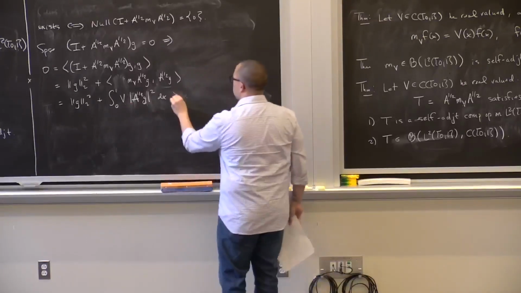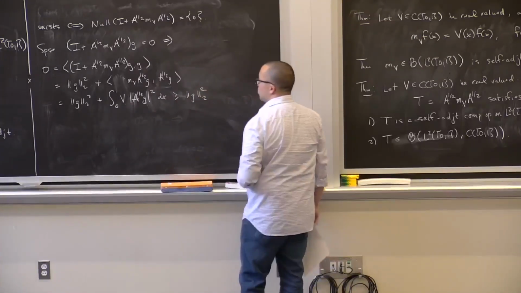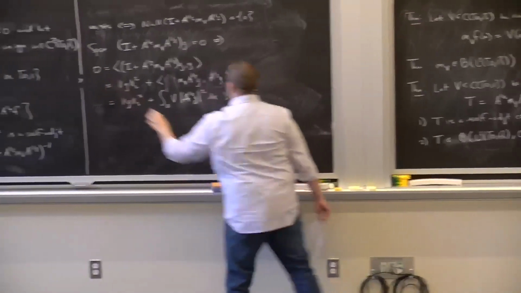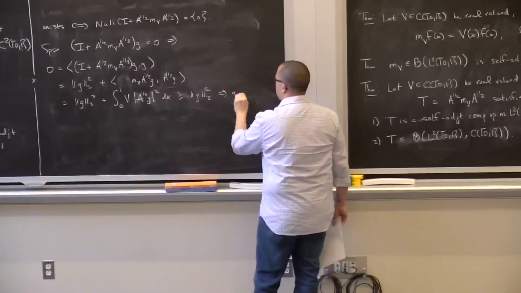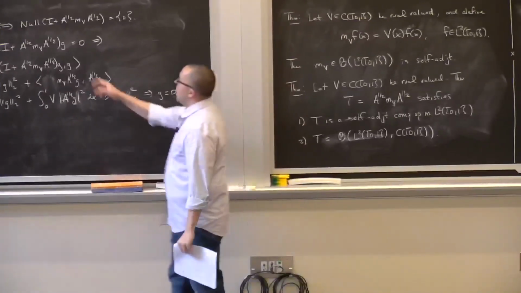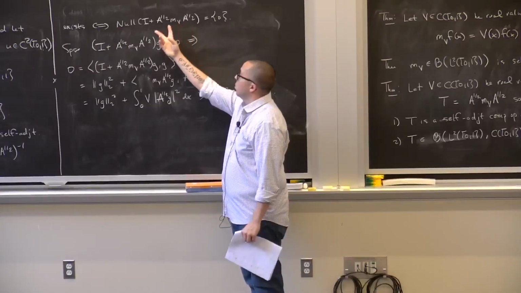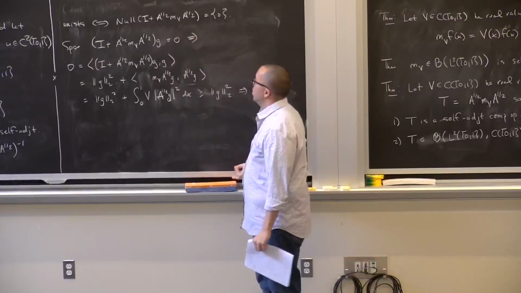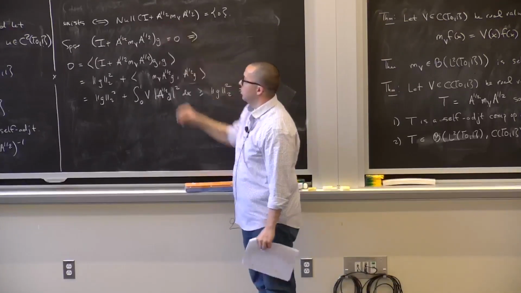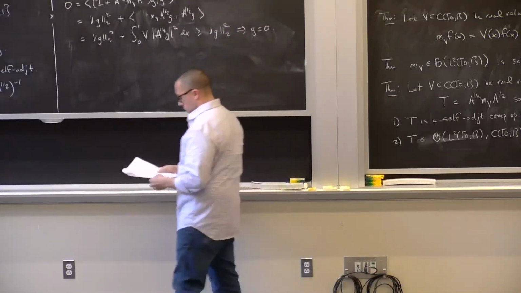So this is bigger than or equal to the L2 norm of g squared. And we started out with 0. So I get that g is 0, and therefore the null space of I plus this compact self-adjoint operator is trivial, and therefore it is invertible, by the Fredholm alternative.